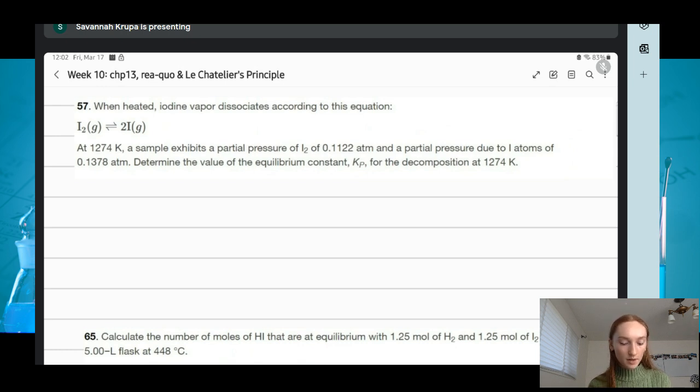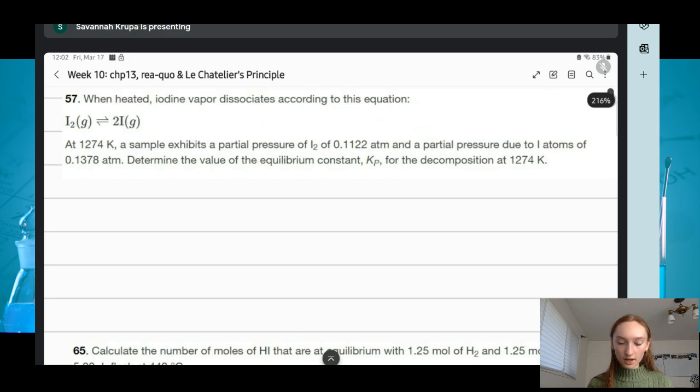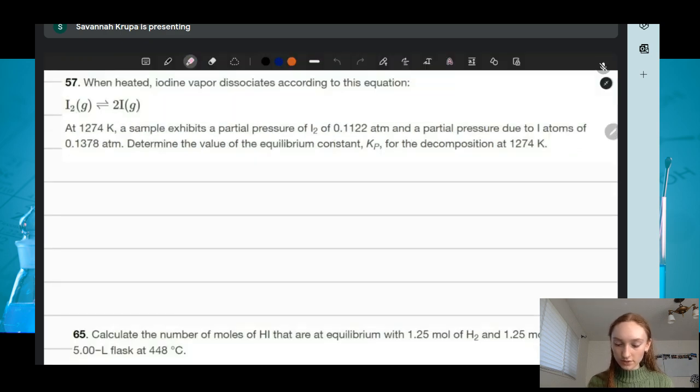So in this problem, we first have to identify a generic equation or reaction. The reason why we will do this is so that when we use the equation to solve for the equilibrium constant, we know what to plug in for.